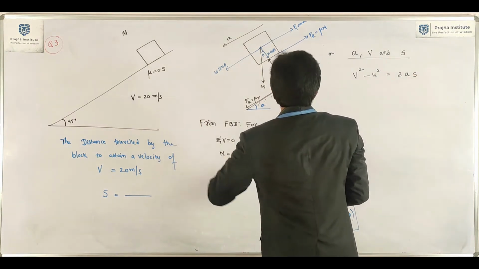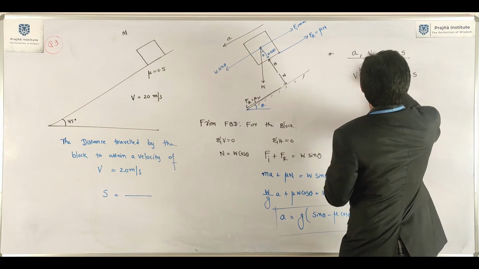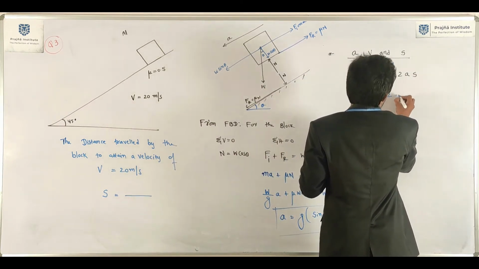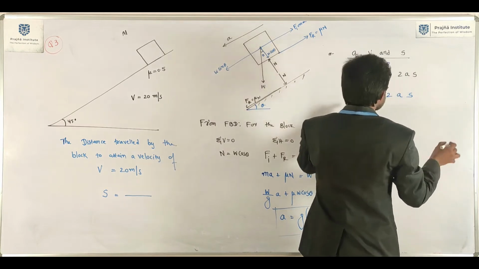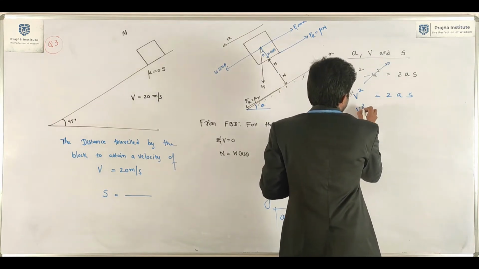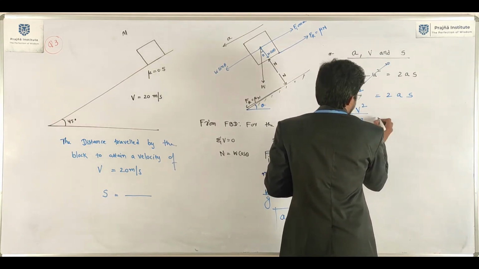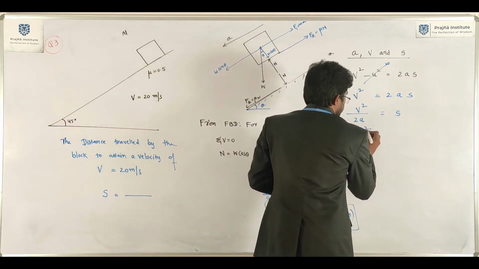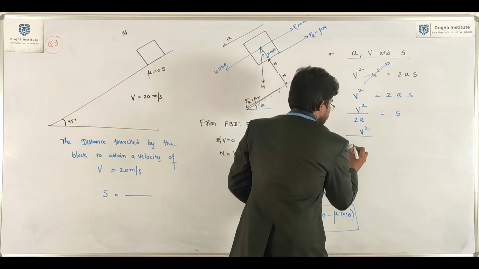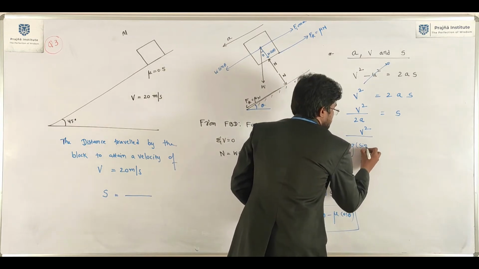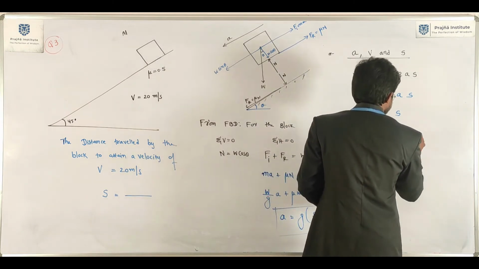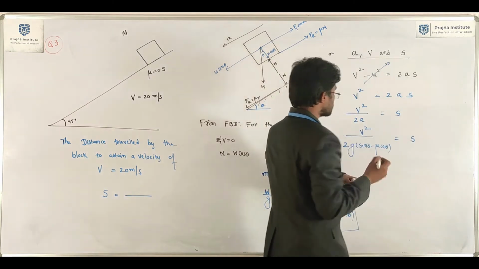Initially, the block is released from rest, so v squared equals 2as. They are asking for distance traveled, so s equals v squared by 2a, which is v squared by 2 into g into sin theta minus mu cos theta. So we need to calculate s.